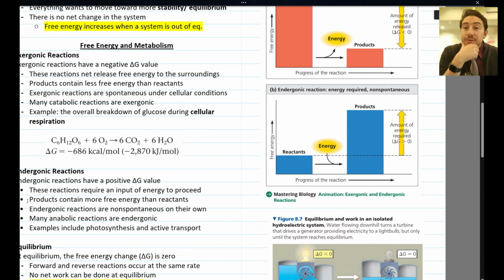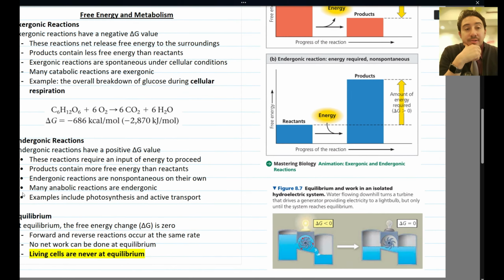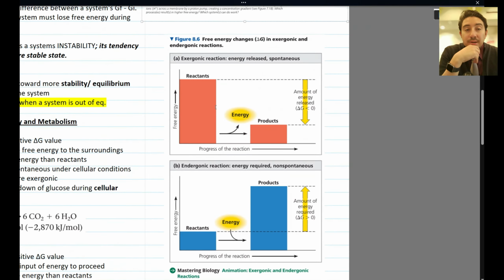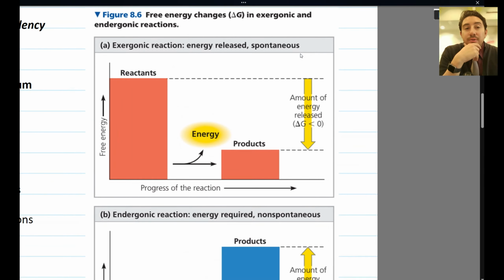An example is cell respiration, where you have glucose breaking down into carbon dioxide and water. You have a net liberation of energy, delta G being negative 686 kilocalories per mole. You can see this example here. In an exergonic reaction, the reactants have a high amount of free energy, as in the case of glucose.